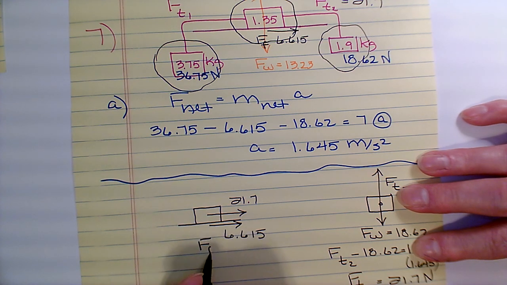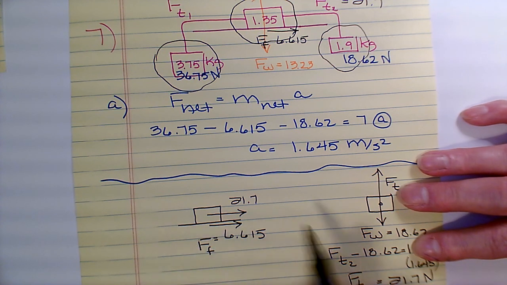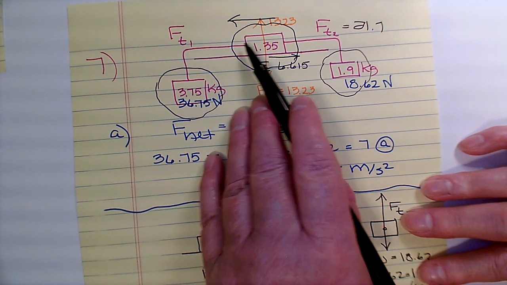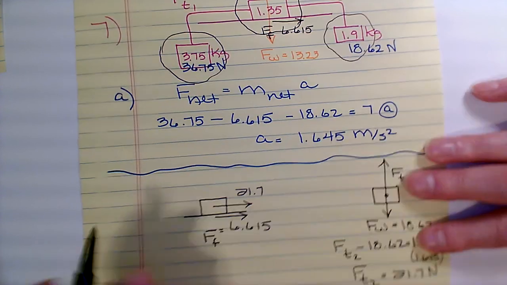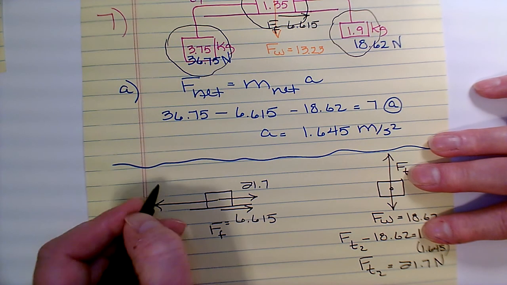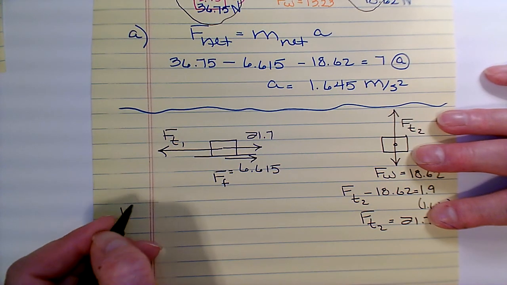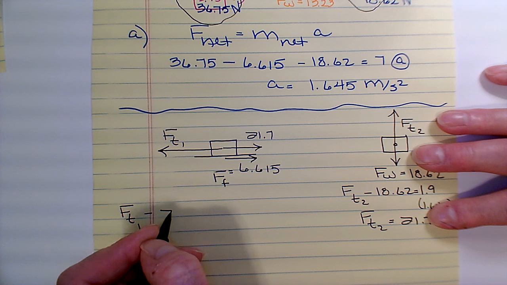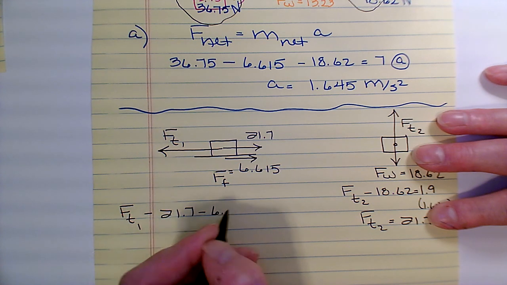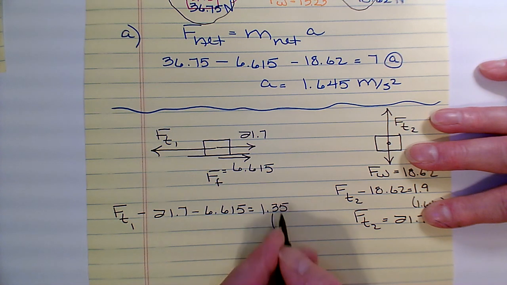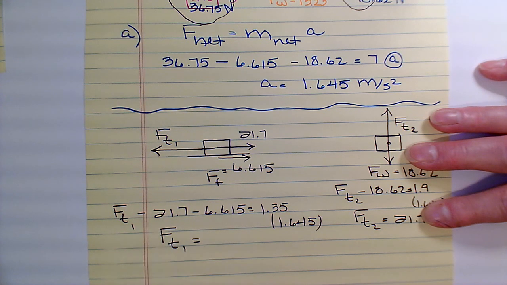You'll also notice that I'm drawing my friction along the ground. We're going to need to do that as we continue going forward here. And then I have this piece of string, FT1, going to the left, and because I expect this whole thing to be going to the left, I'm going to draw that one longer, FT1. And I'm going to do F net equals ma, so I would have my FT1 minus what's working against me, 21.7 minus 6.615. The mass of this block is 1.35. The acceleration of the system is 1.645. And I can solve for FT1.